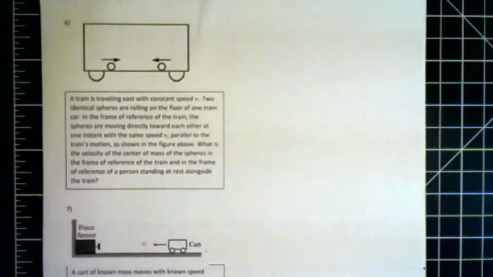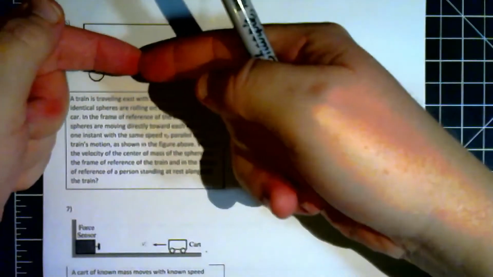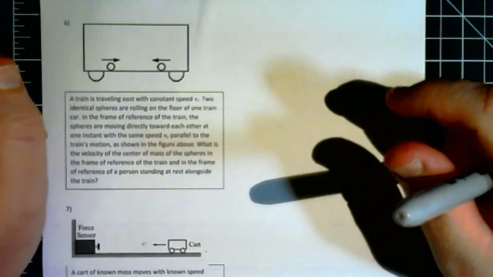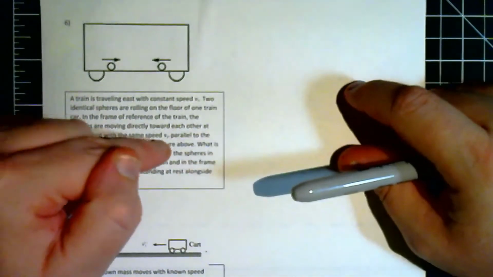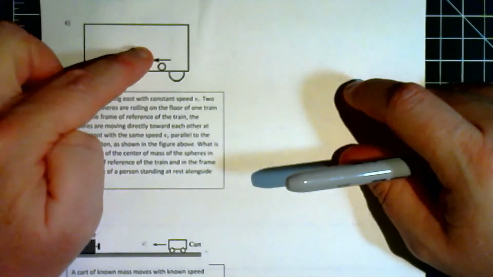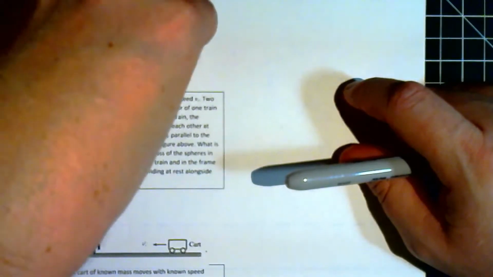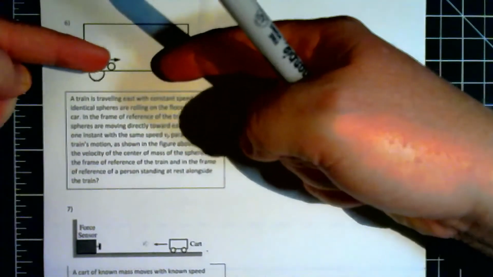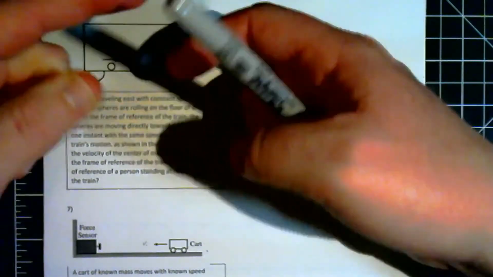All right, question number 6, kind of a similar question. We've got this train car, and inside the train car, we've got these 2 objects that are rolling towards each other. And then it says, what is the velocity of the center of mass of the spheres in this frame of reference of the train? So let's say I'm riding in that train car and I saw these two little balls rolling toward each other.